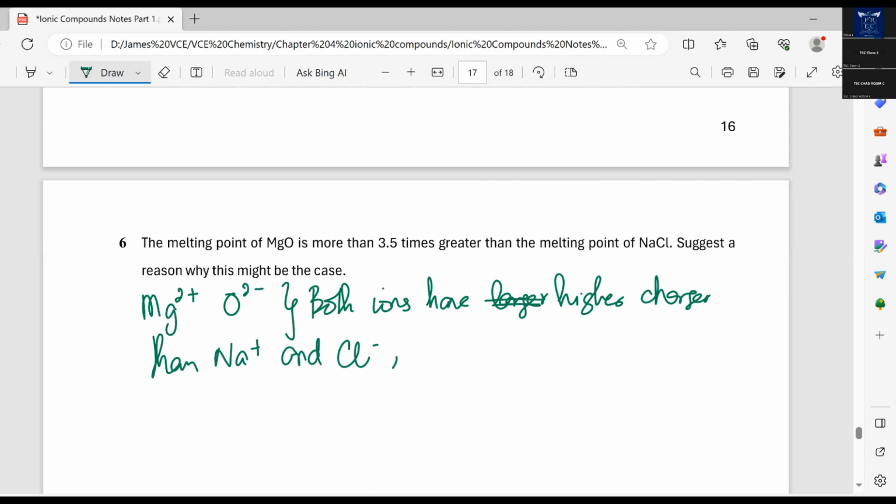And both Mg2 plus and especially O 2 minus are smaller in size.